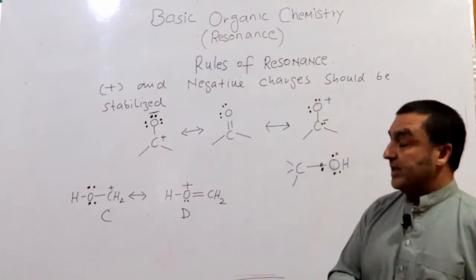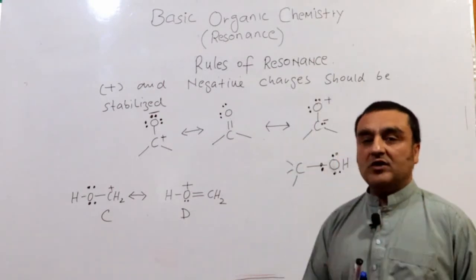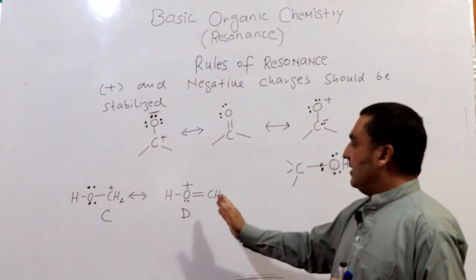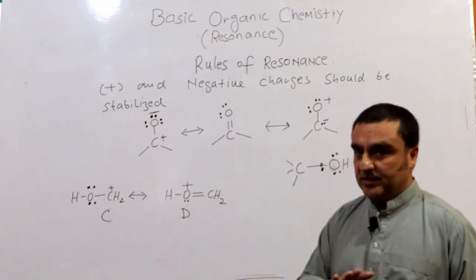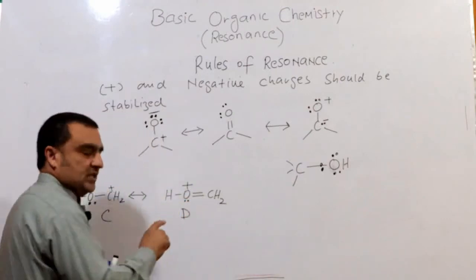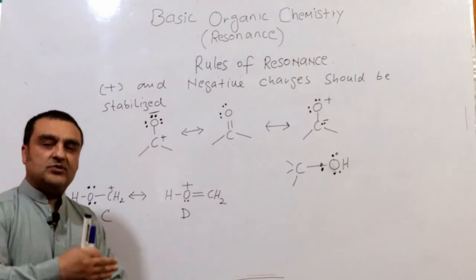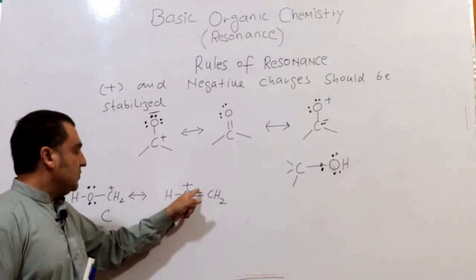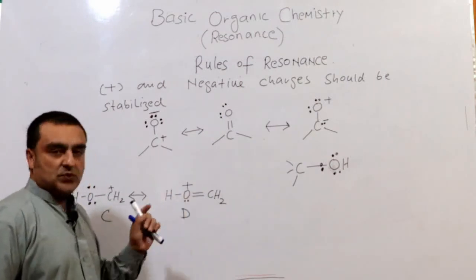So what is happening then? There is a problem. Number one, the octet needs to be full for the atoms of elements of the second period. As you see, this oxygen has an octet, or it has 8 electrons around it: two lone pairs and three bond pairs, so 2, 4, 6, and 8.